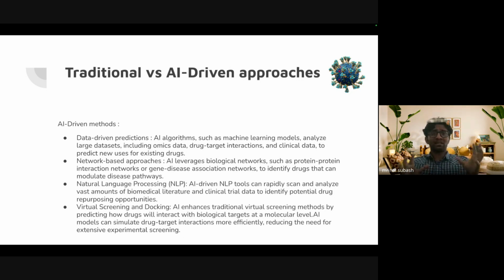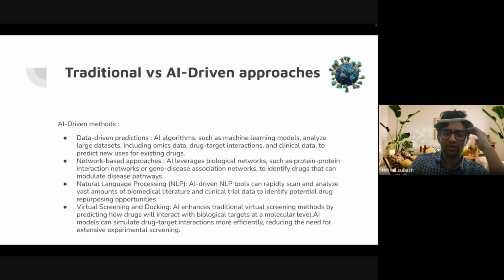But this is how NLP techniques can also be devised in coming about an AI-driven approach to aid in drug repurposing.